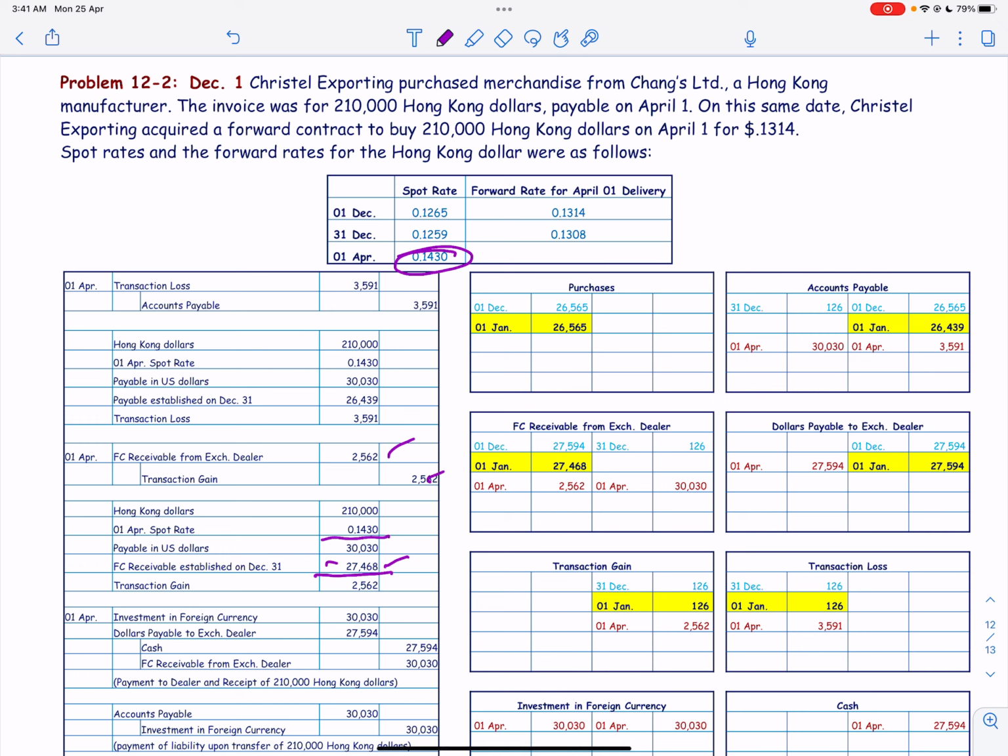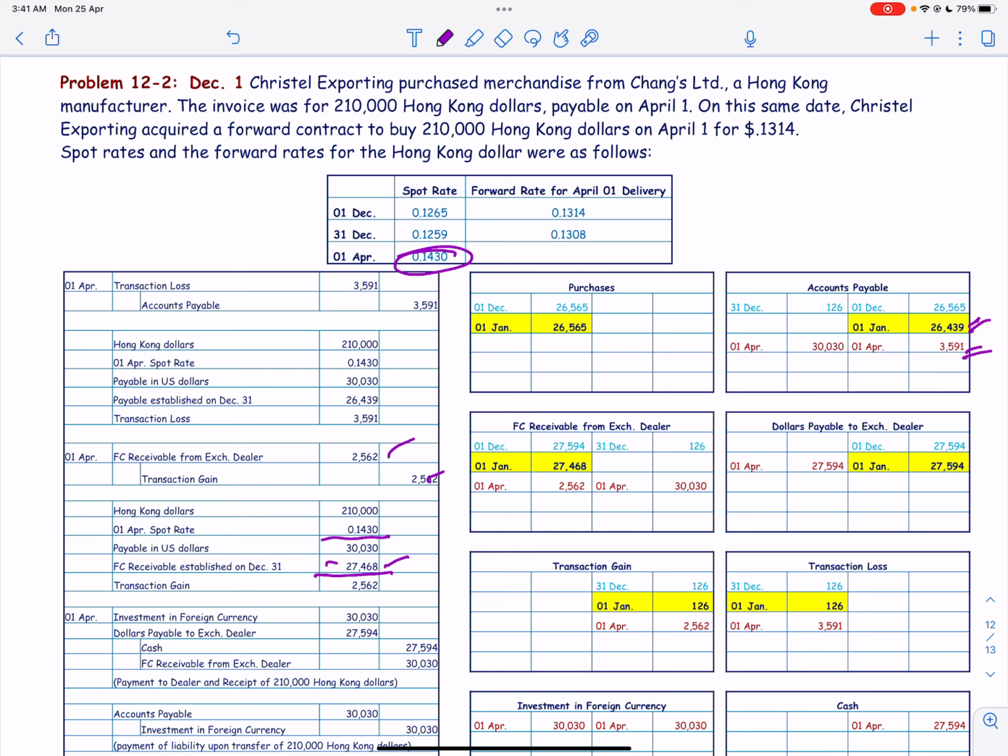The T account will look something like this. You see, we have an account payable of 26,439. This was the balance on 31st December, and on 1st of April we have a transaction loss of 3,591, increasing our account payable by 3,591.